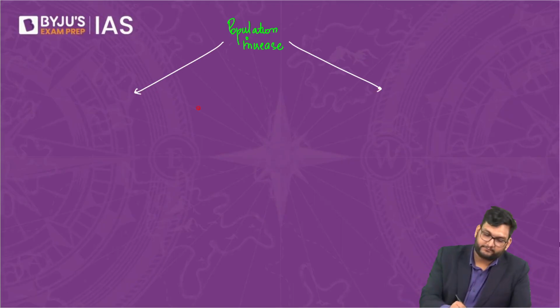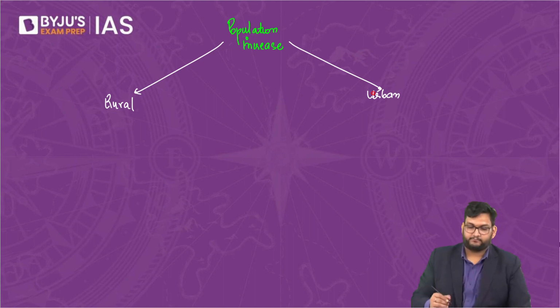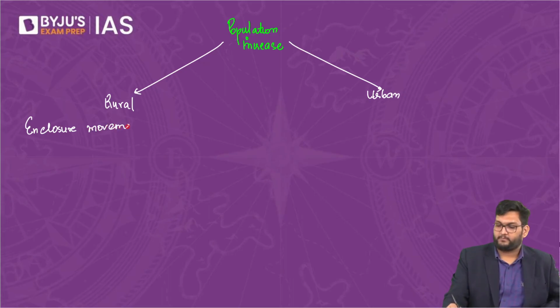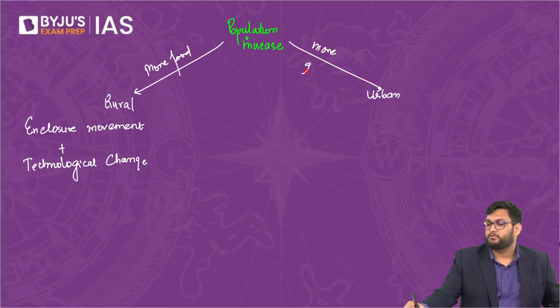You have rural, urban. In rural, enclosure movement plus technological change, more food, more goods.